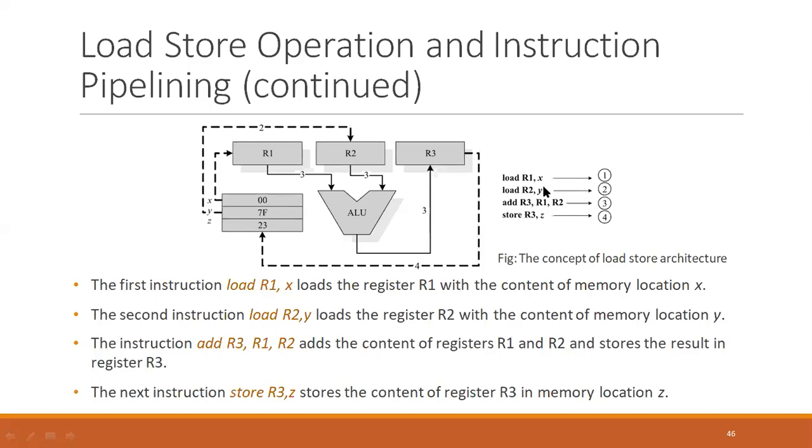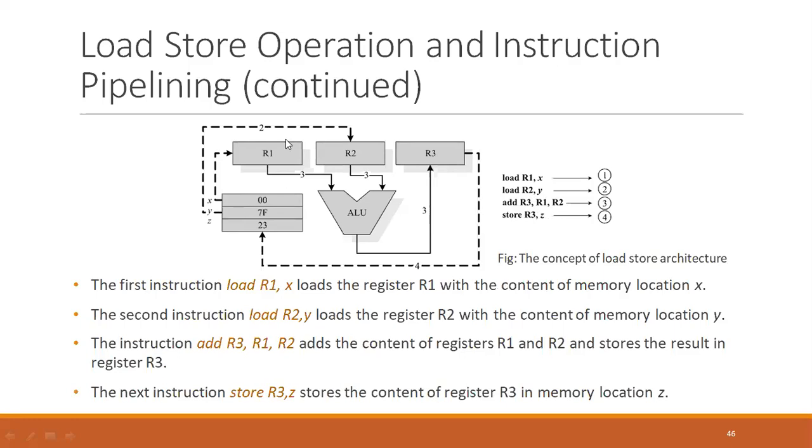The value of Y will be moved to a specified register called R2, and the contents of R1 and R2, which is nothing but X and Y values, will be added, and the result, that is X plus Y, will be moved to register R3. And from R3 you are storing it into a memory location called Z.